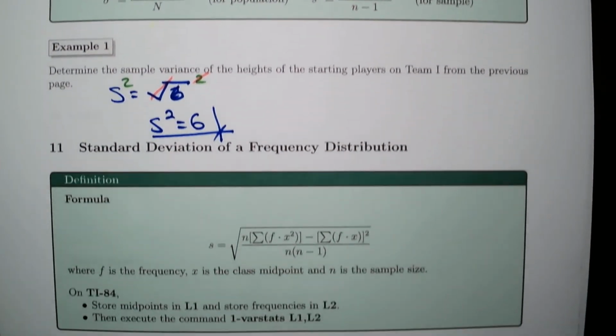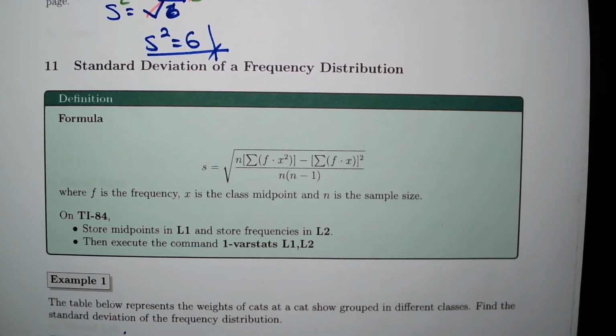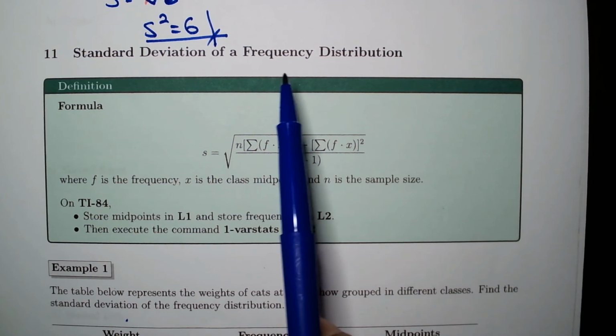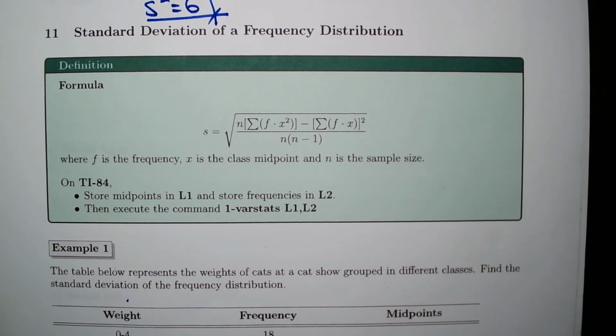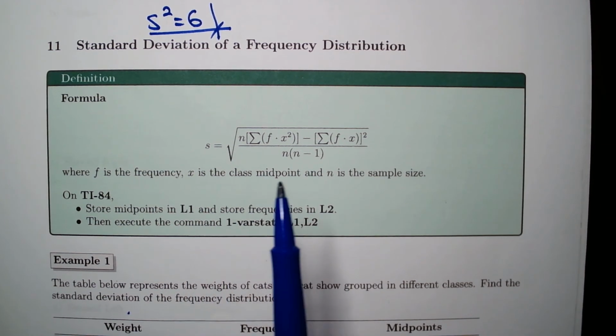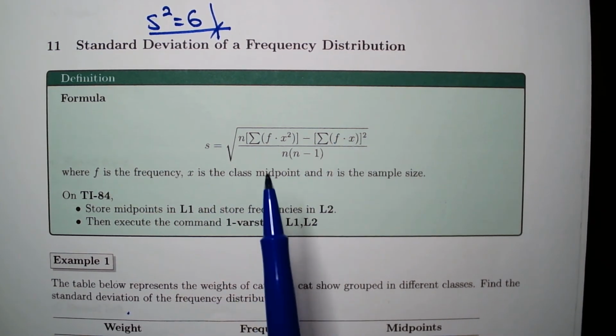All right, can we find the standard deviation of a frequency distribution? Yes. Remember we did in the previous video how to find the mean of a frequency distribution, and we needed some sort of weighted mean. Now for the standard deviation, we'll look at the formula. It's really ugly.